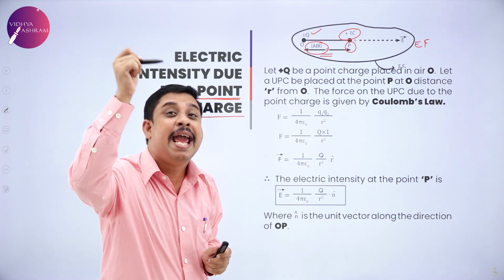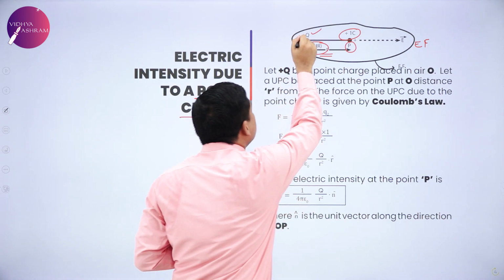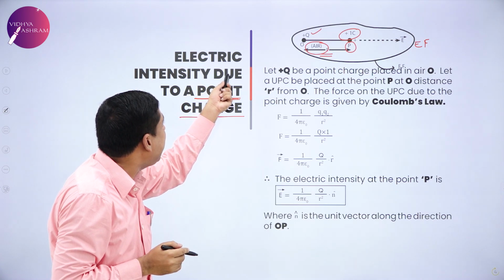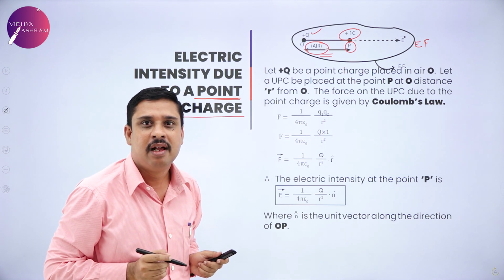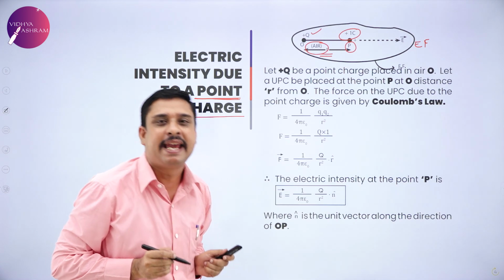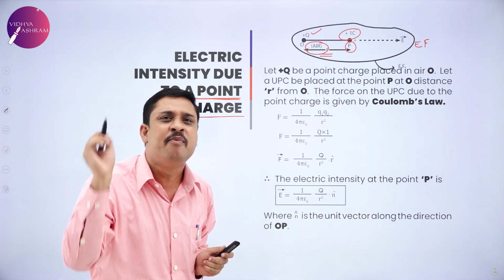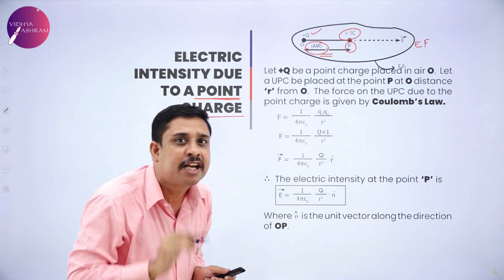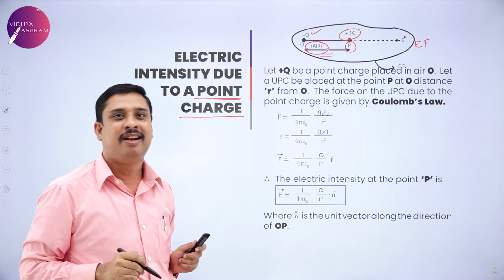Now, what should happen to this UPC? It should experience a force because of this point charge plus Q. And what was that force we called?